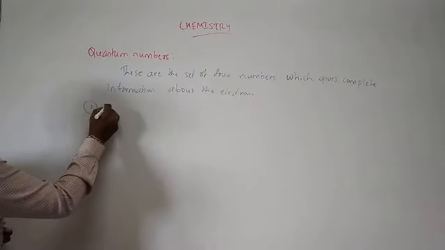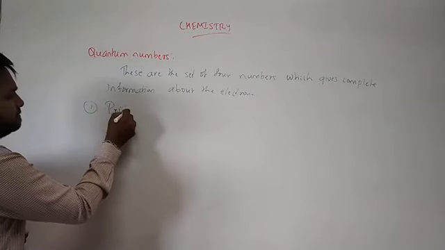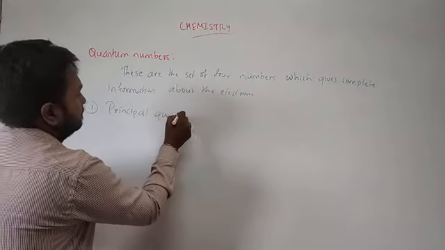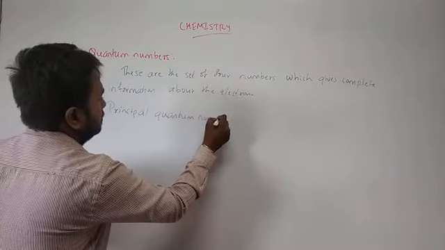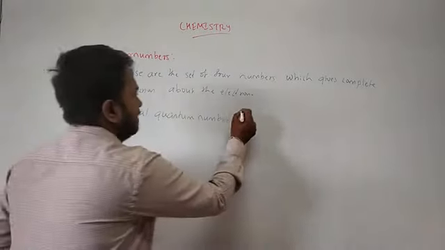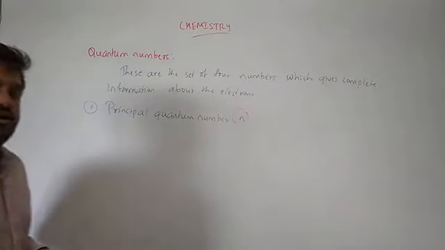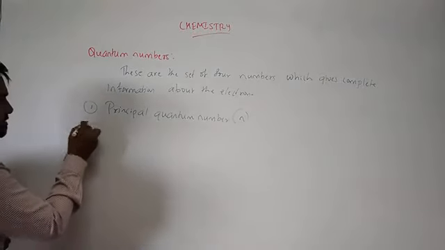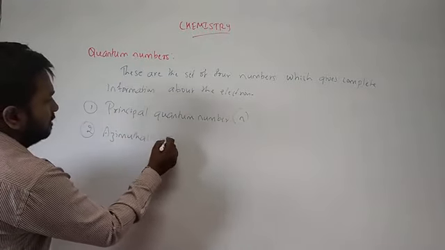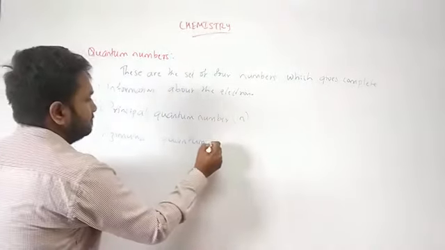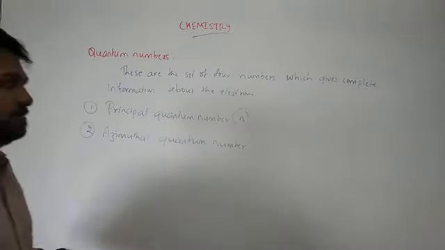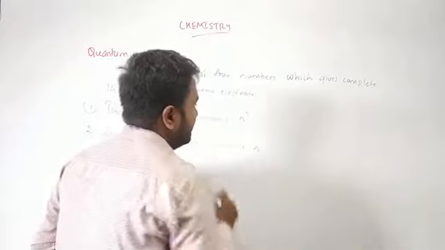The first one is the principal quantum number, and it is represented by n. The second one is the azimuthal quantum number, and it is represented by the letter l.